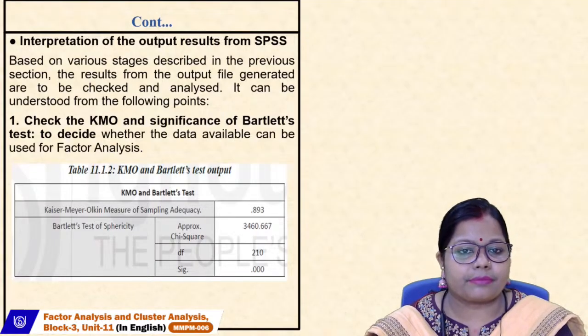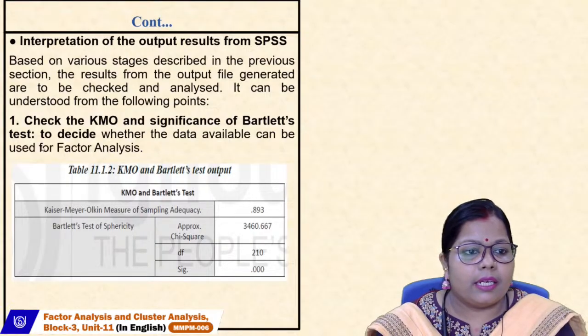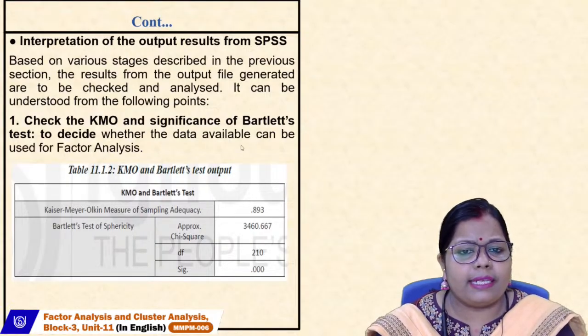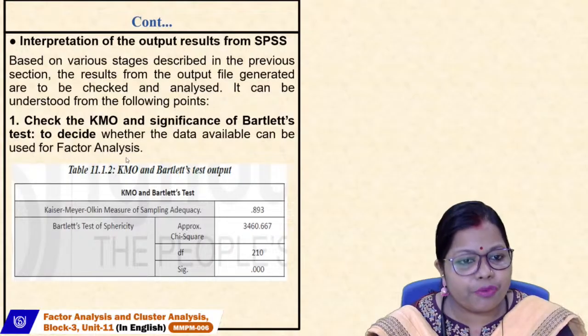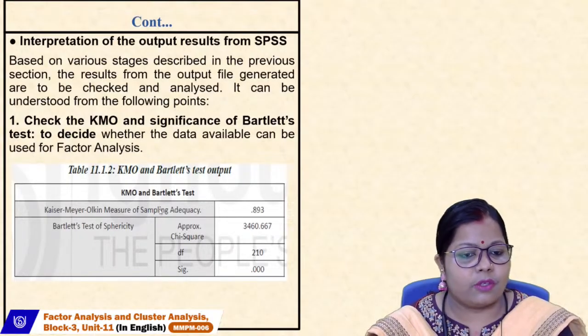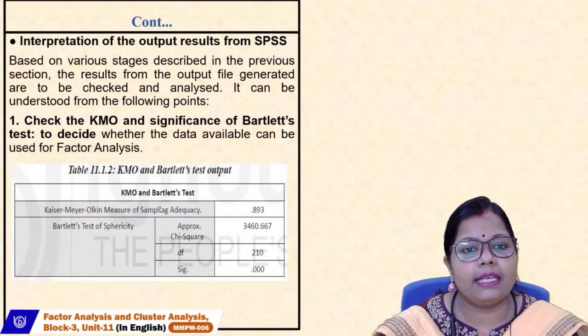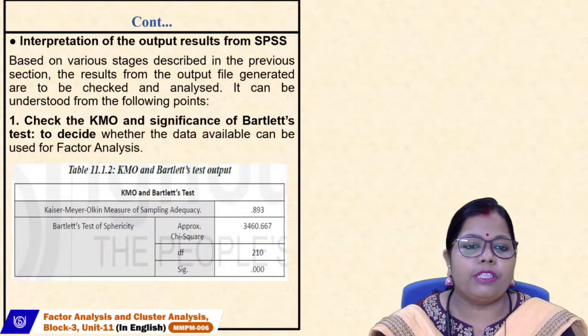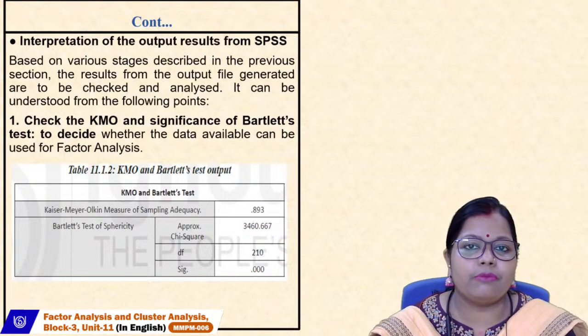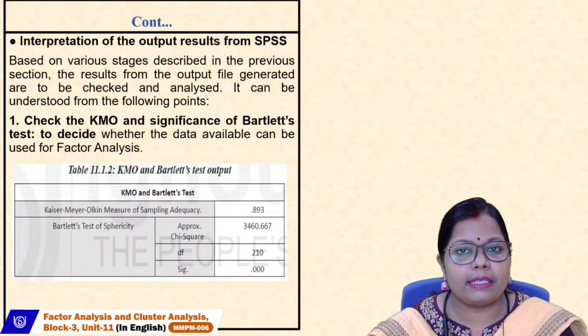We can say KMO tells whether the data available can be used for factor analysis. Whatever data I have collected, whether it is an eligible data set with which we can calculate factor analysis. Yes.